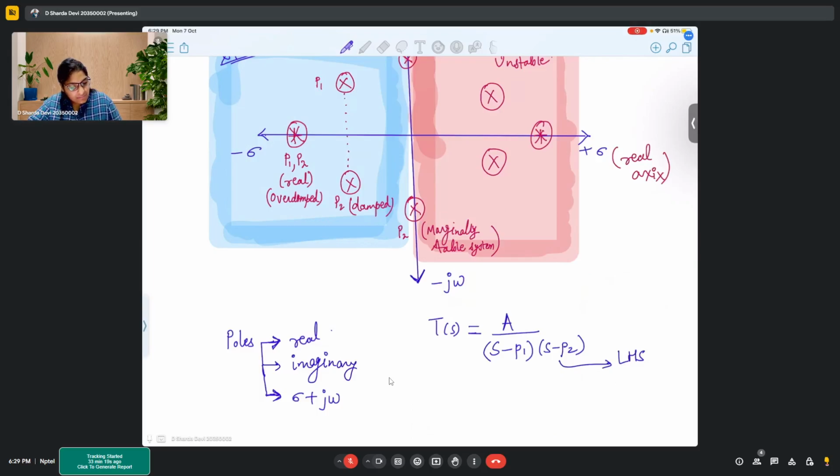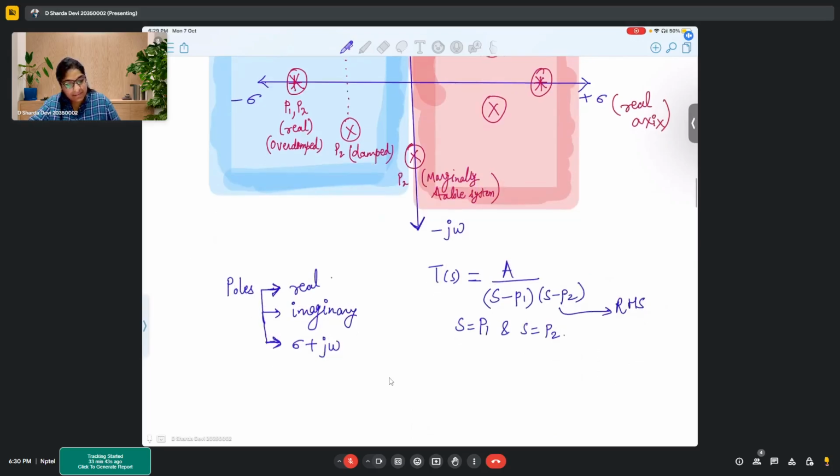So this will give you RHS poles. Why RHS poles? Because you will get positive P1, right? Here S equal to P1 and S equal to P2. Since these are positive poles, they will come in the right hand side.